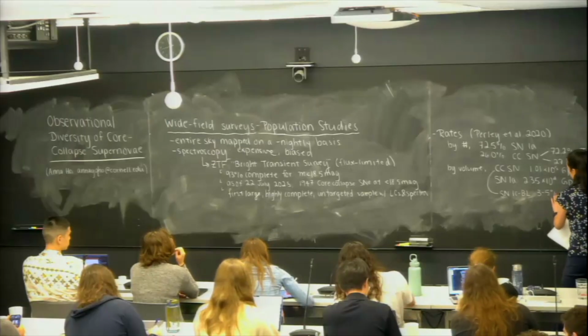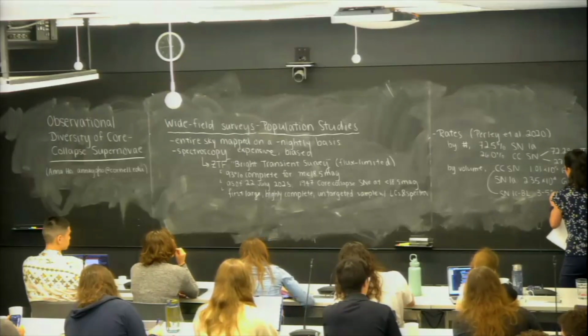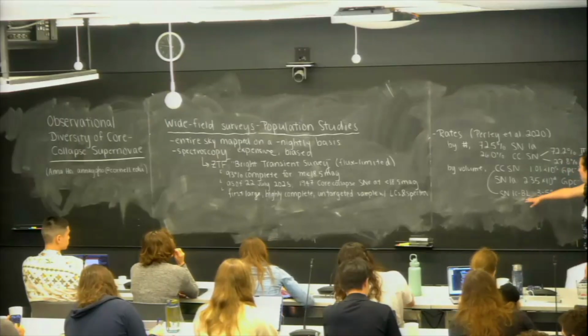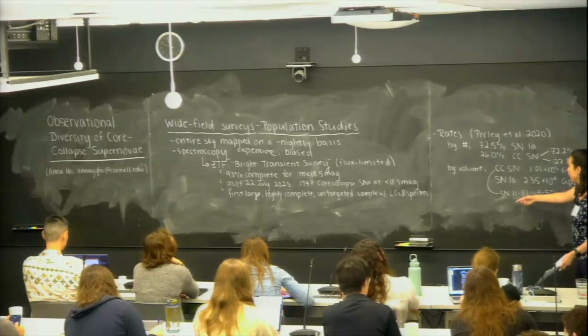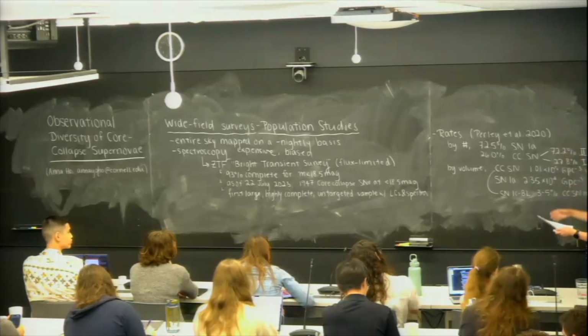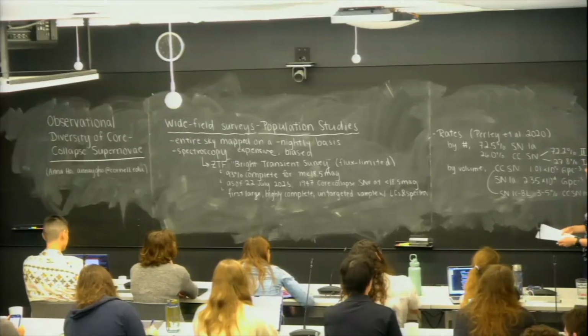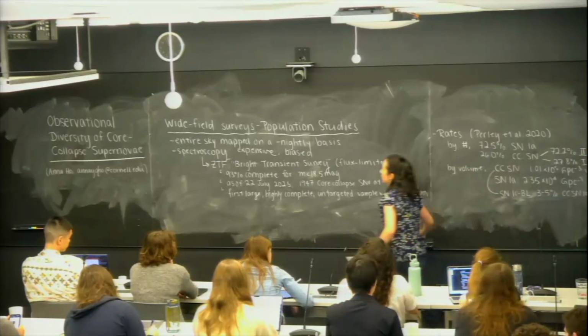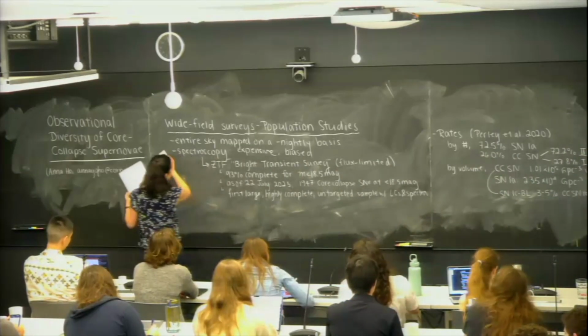And that becomes very important if you want to understand the progenitors of long duration gamma ray bursts, since these are the supernovae associated with them. It gives kind of a cap. Okay, so that's just a taste for the rates.